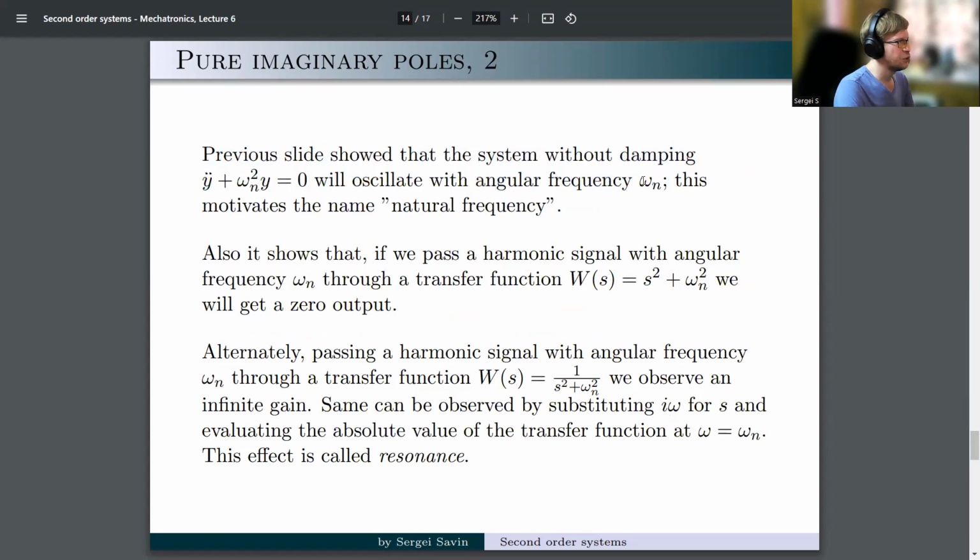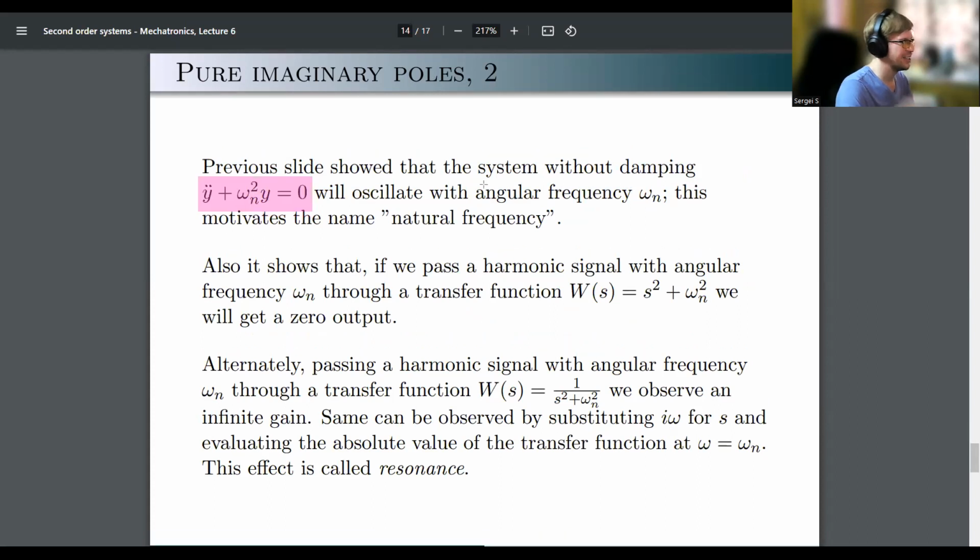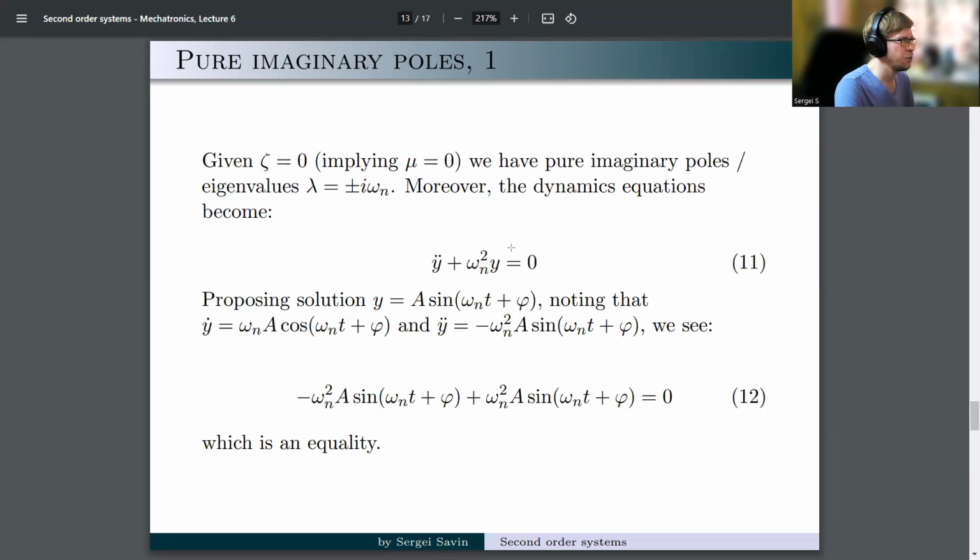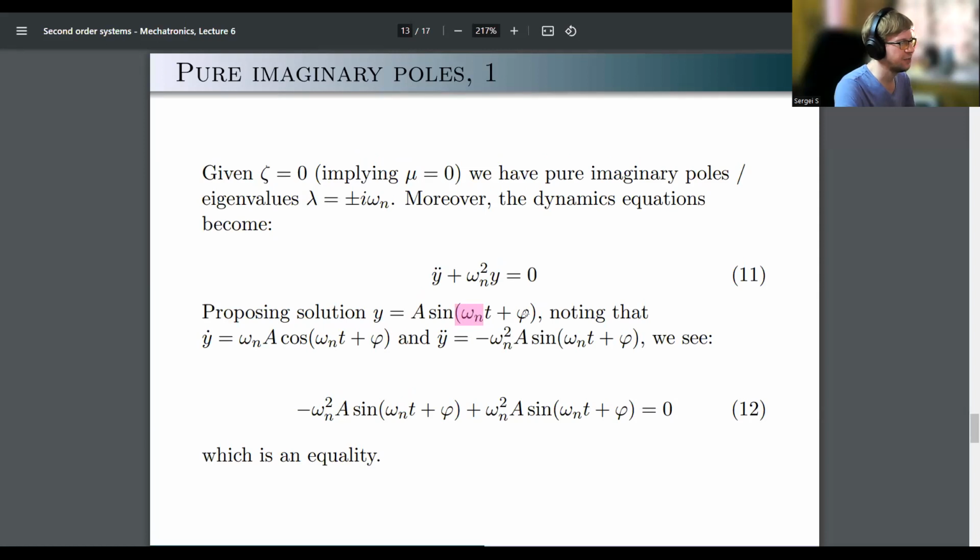Now, what we saw on the previous slide is that this system will oscillate; the solution of the system is basically oscillatory behavior, with frequency Fn. Notice that the solution I proposed contained omega n: sine of omega n times t plus phi.